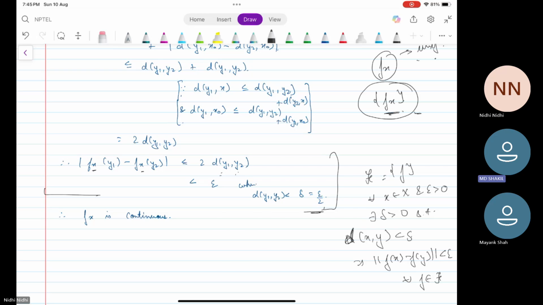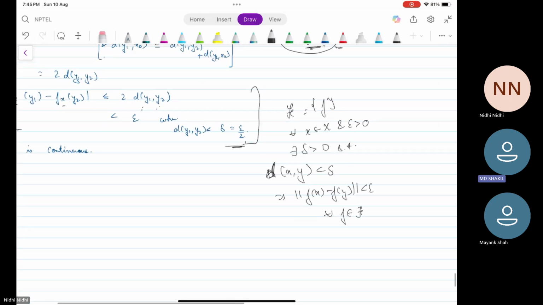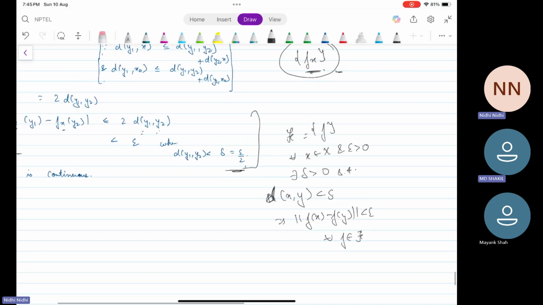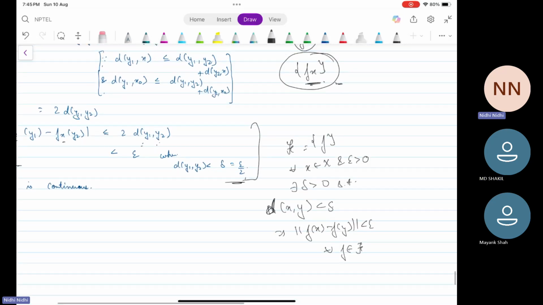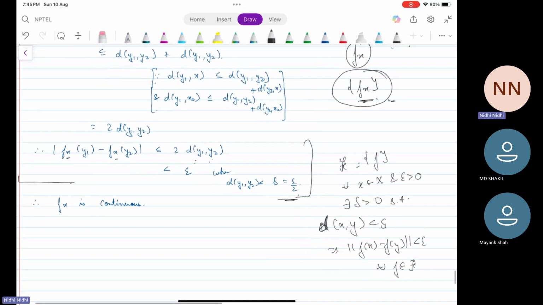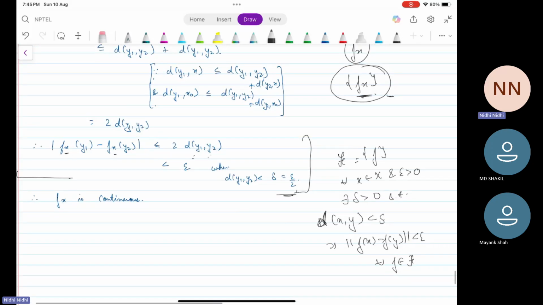And he said that if you could choose a delta independent of the point also, then we can say the entire family is equicontinuous. So delta is independent of the elements x and y in the domain of f.